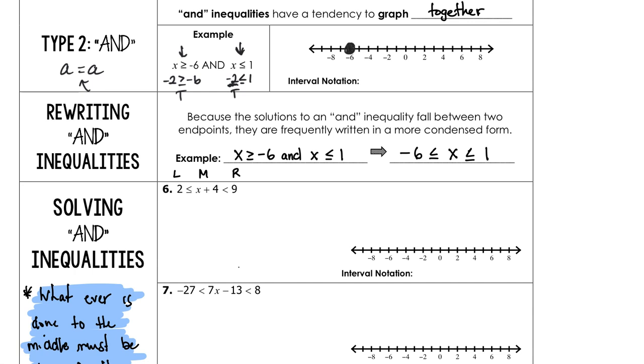And at +1, we have a closed circle as well. Now we picked the number -2, and if you notice, it lies in between the two of them. So if you were to graph these inequalities separately, the inequality claiming x is greater than -6 would fly way past this 1.